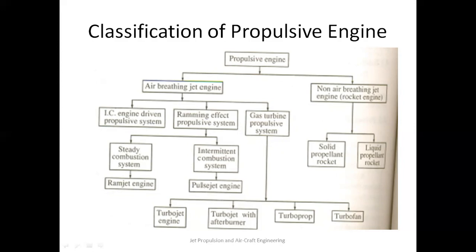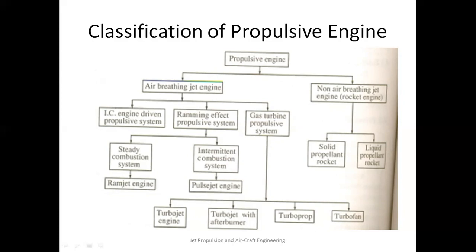The diffuser is used to increase the pressure only. They do not have a compressor or a turbine. And the third one is the gas turbine propulsive system, which we have seen in the slides. Now, the ramming effect propulsive system can be further classified as a steady combustion system and an intermittent combustion system.